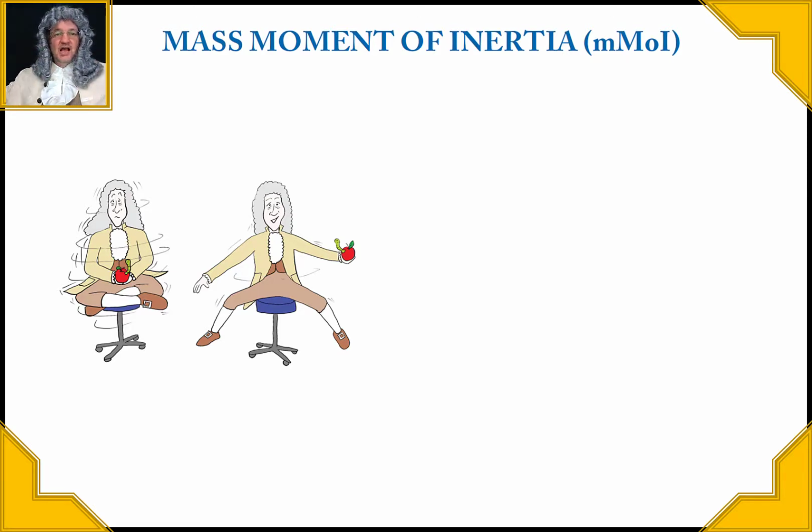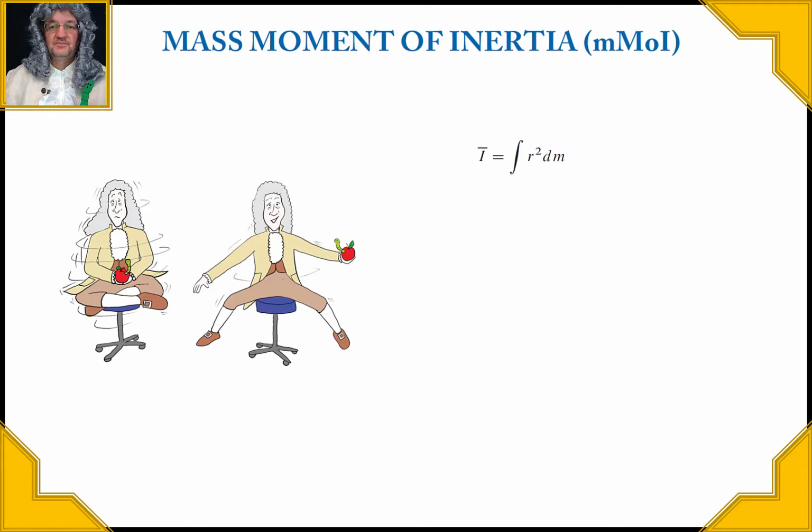When you have your arms out wide, your mass moment of inertia is larger, and when you bring them in, it's smaller. So they're actually demonstrating the conservation of angular momentum. The ice skater spins with their arms out and then brings them in, and then they start spinning quicker because the angular momentum is conserved. They have the same angular momentum, but because the mass moment of inertia gets smaller, their angular velocity increases.